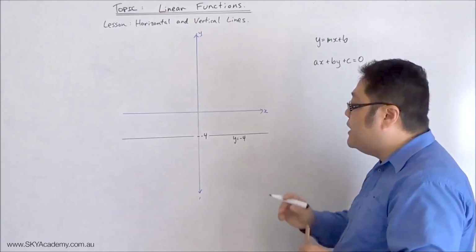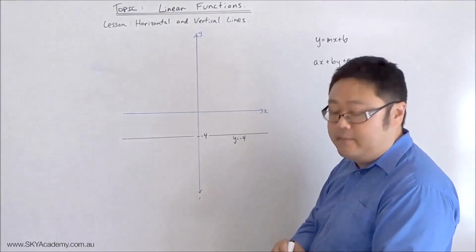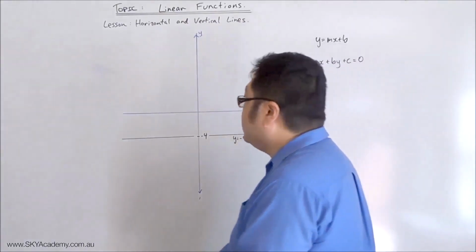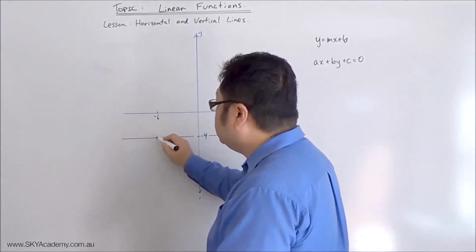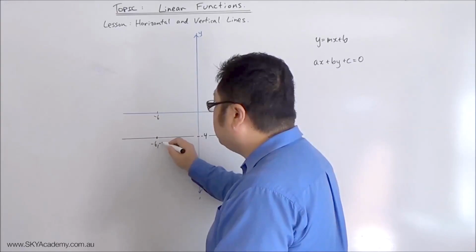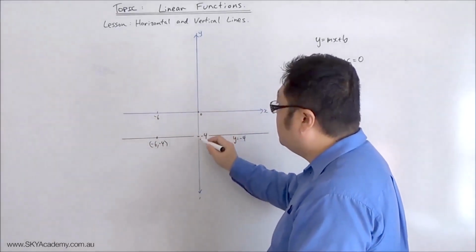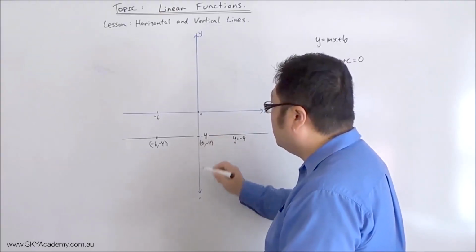And the reason why is because every single point on this line will have a y-coordinate of minus 4. So even though this point here is minus 6, this point here would be minus 6, minus 4. Even though this point here is 0, this point here would be 0, minus 4.